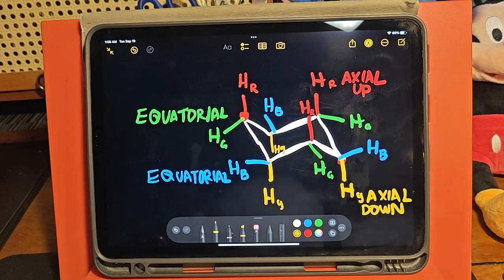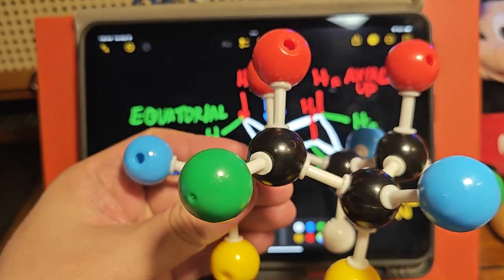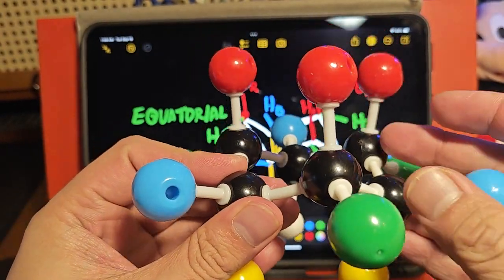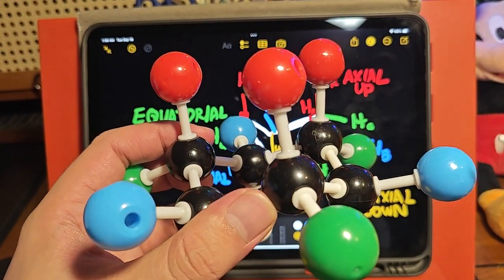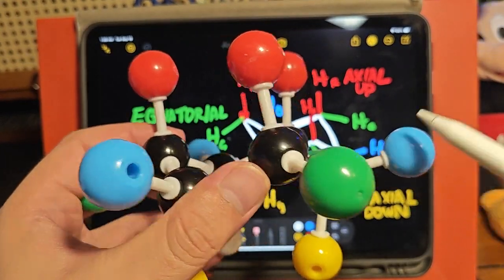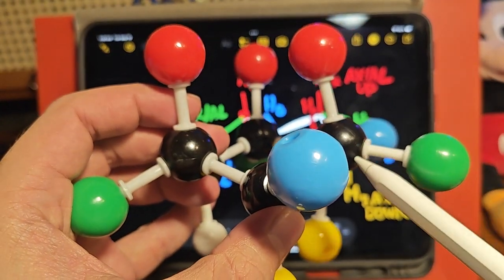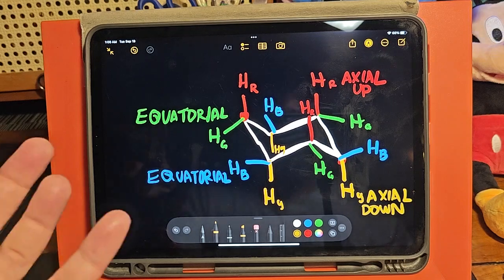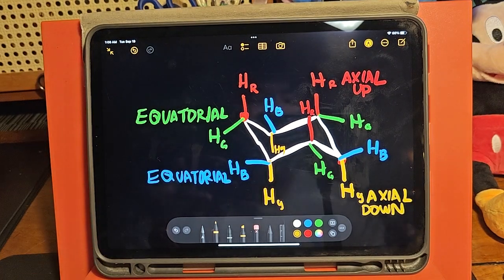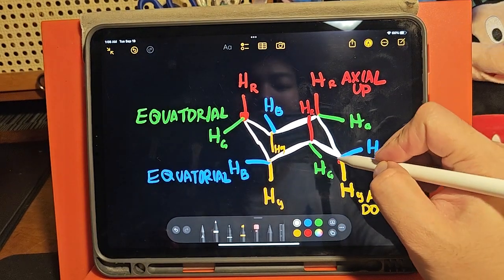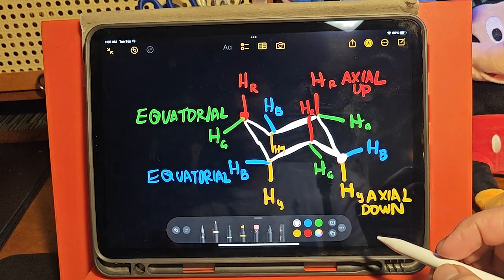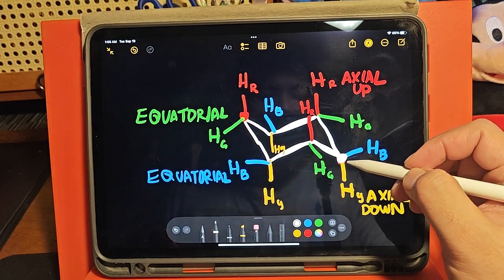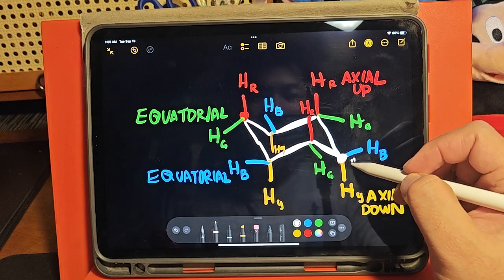Now here's where it's a little tricky. The equatorials are all more or less pointing sideways. How do we know if they're up or down? Well, if you pay very close attention, you'll notice that some of them are pointing sideways but slightly up. Some of them are pointing sideways but slightly down. But if that's not very clear to you, all you need to do is identify the axial position of a particular carbon, let's say this one, where I'll put a happy face.